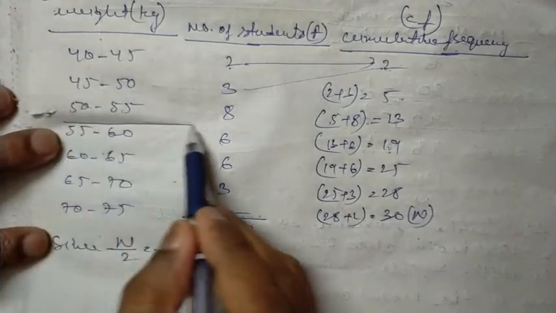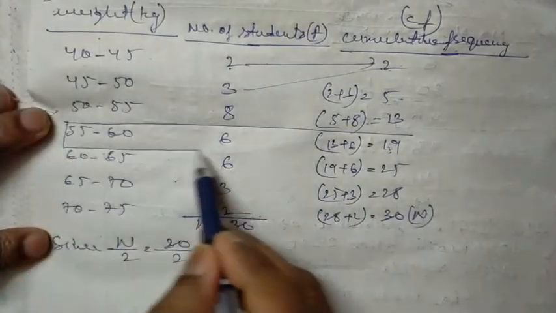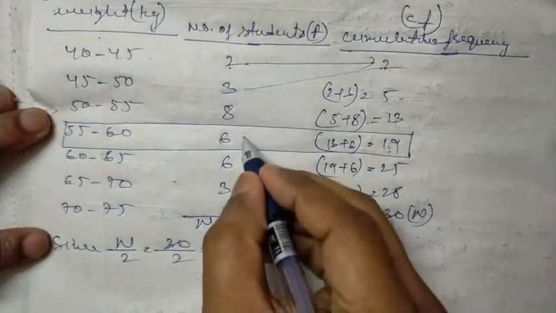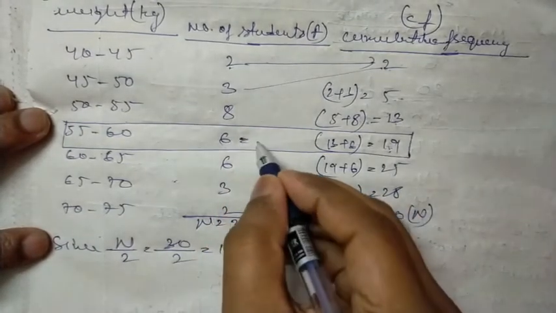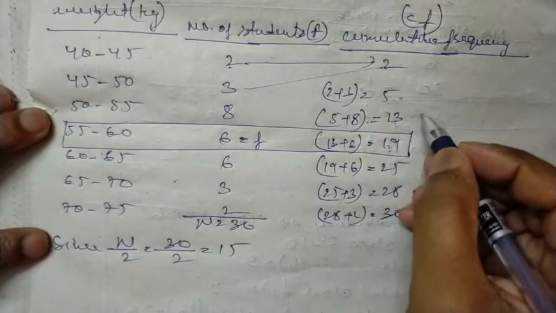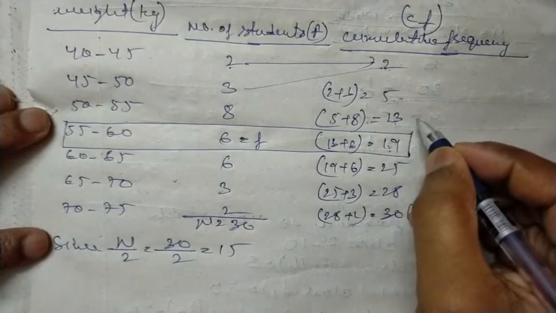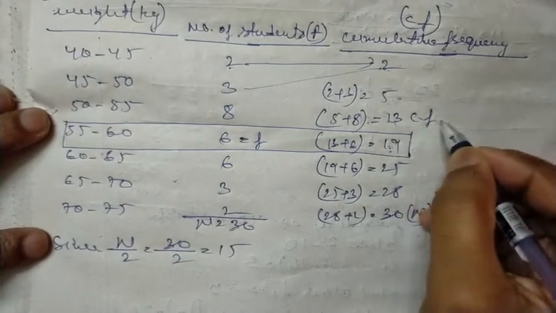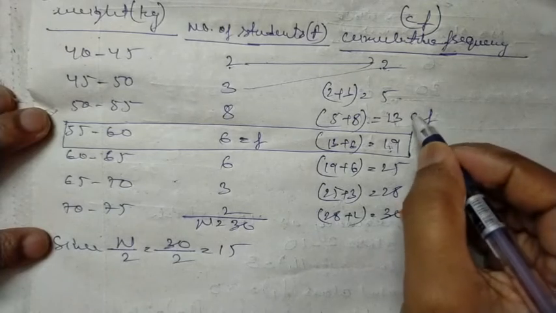So this one, in the box, will be called the frequency, and the upper one will be called the cumulative frequency of the preceding median class.